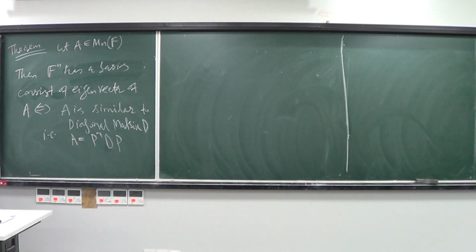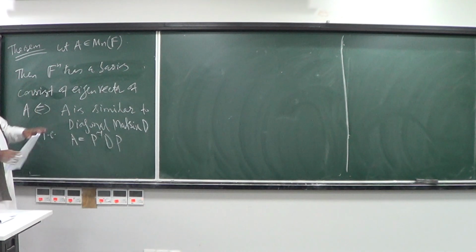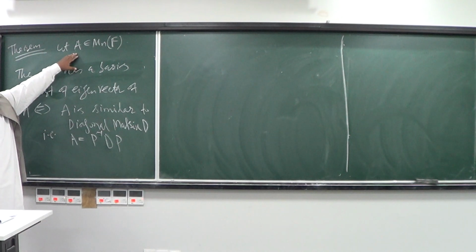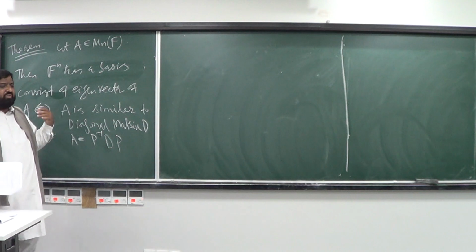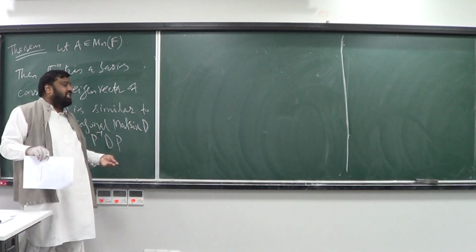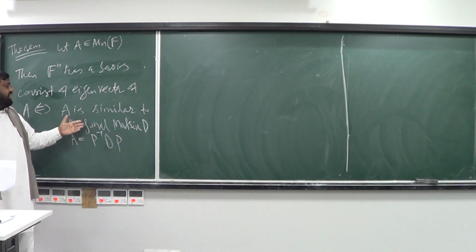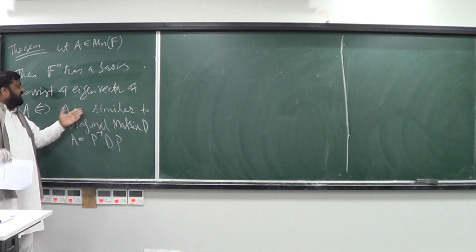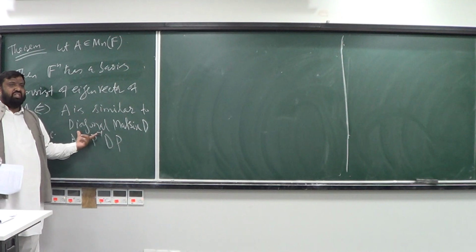So this is what we have to prove. This result says that, and we're going to define later what we mean by diagonalizing a matrix, by saying that a matrix is diagonalizable, I'm saying that A is similar to a diagonal matrix. That's the definition of diagonalization of a matrix.